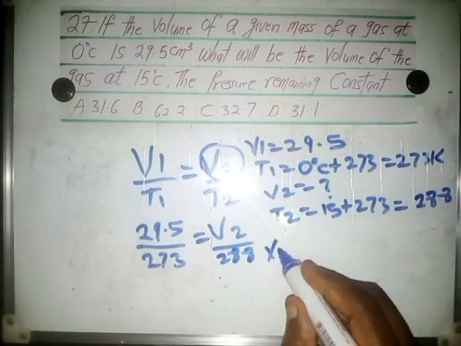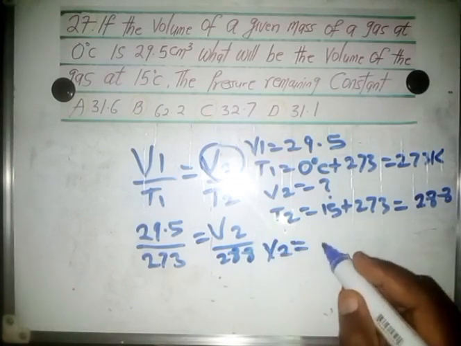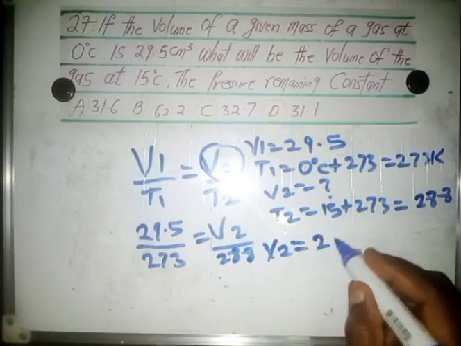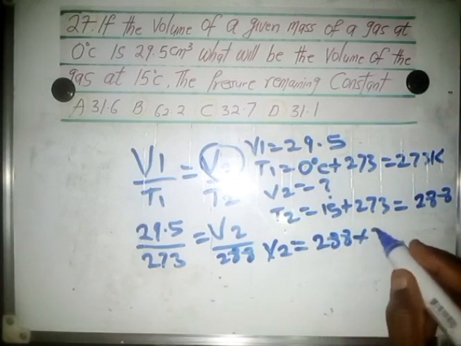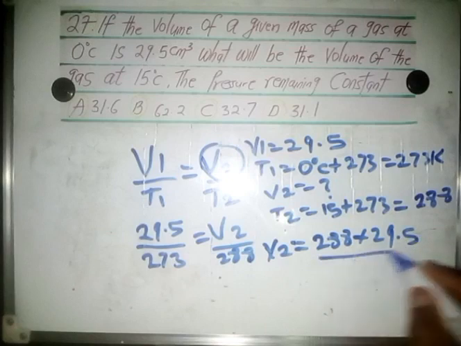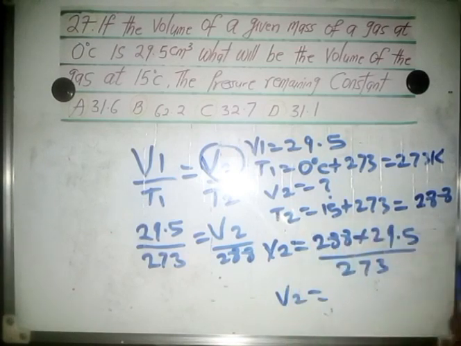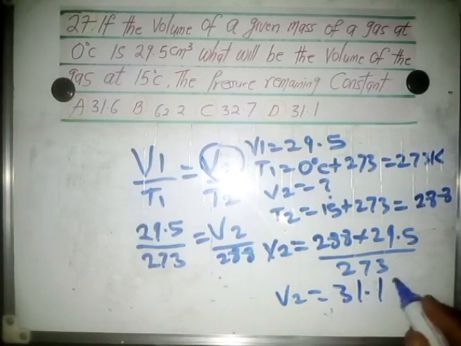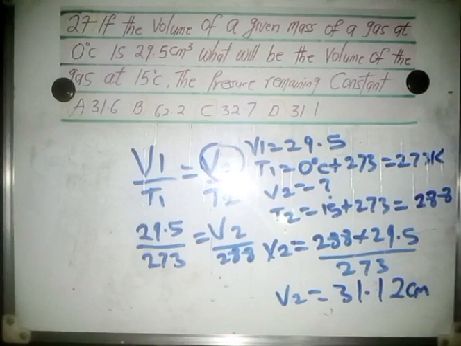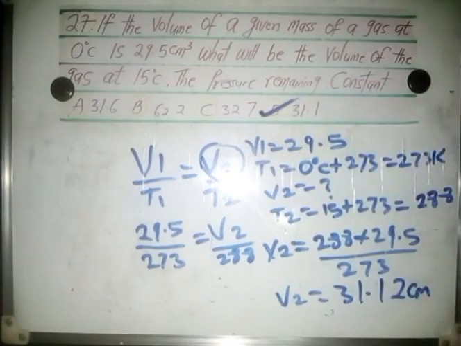So when you cross multiply, that's 288 times 29.5 over 273. When you do everything, you should get 31.12 dm cubed. So your answer here would be D.